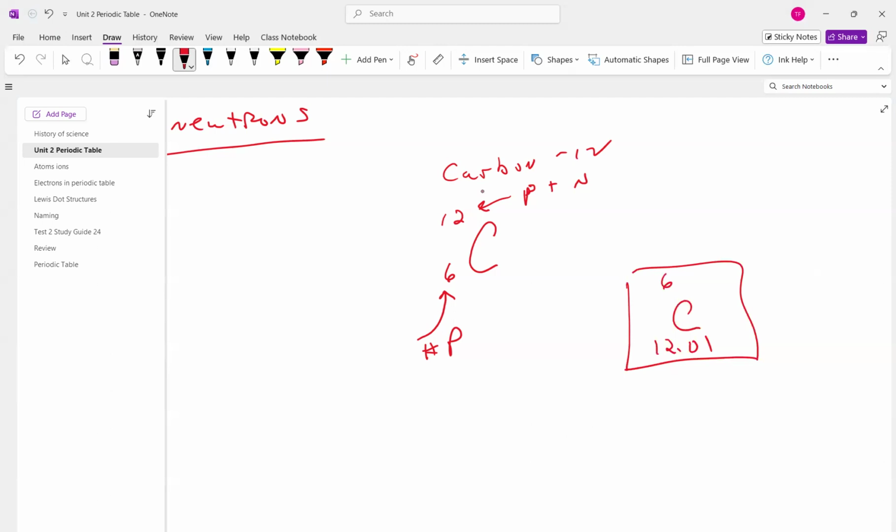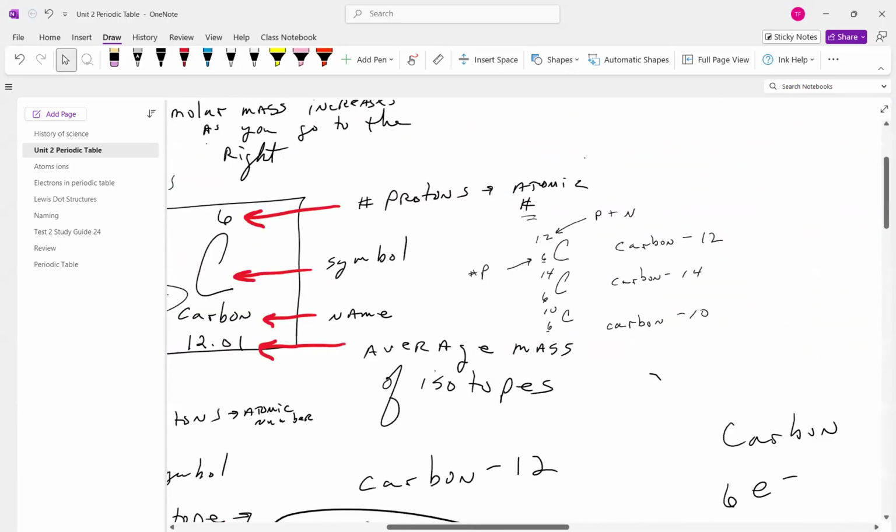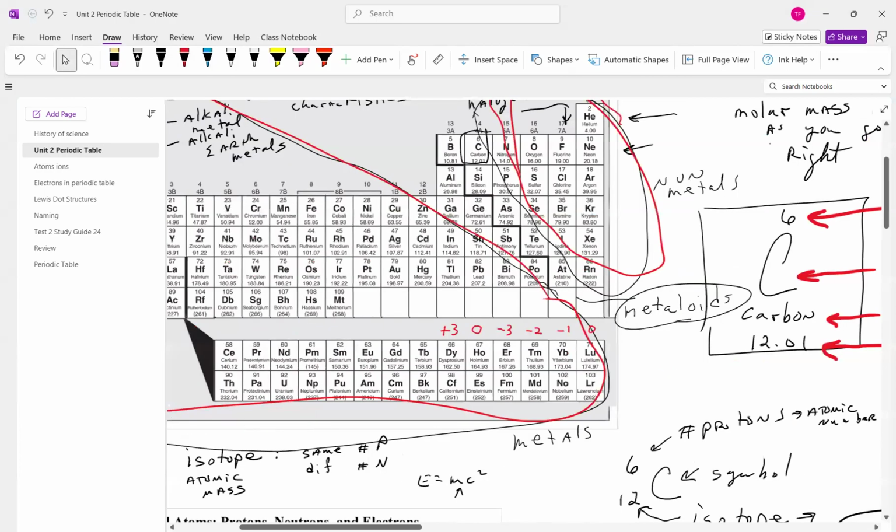Everything else, the protons are on the bottom. Okay, so now we know how to determine an isotope: protons plus neutrons. We know what an ion is. So we need to practice this.